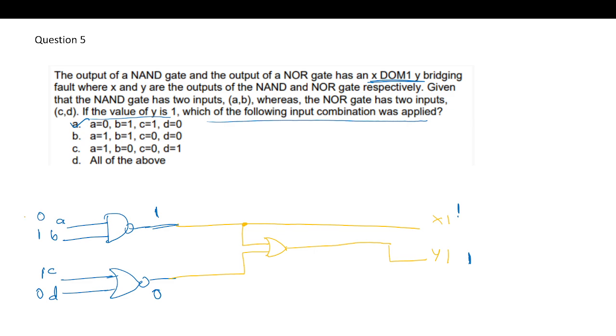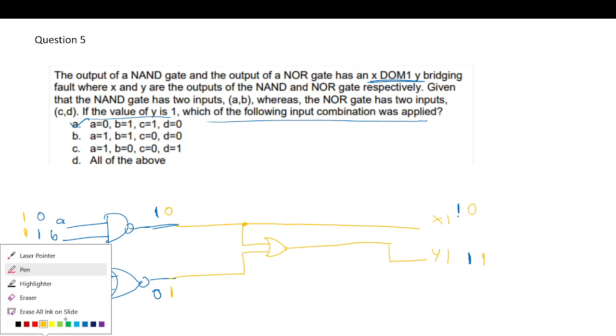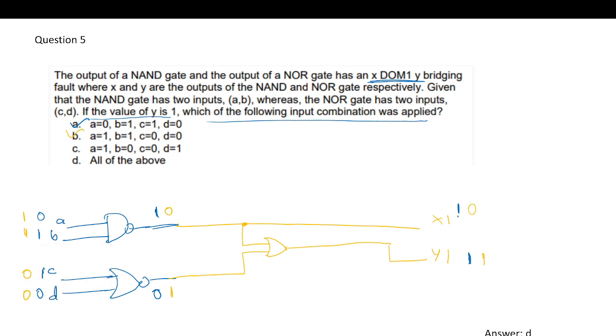B is 1 1, 0 0. For the NAND gate, both inputs are 1, so the output is 0. For the other, it is 1. So this output is again 1 and this output is 0. So this pattern can also be applied.